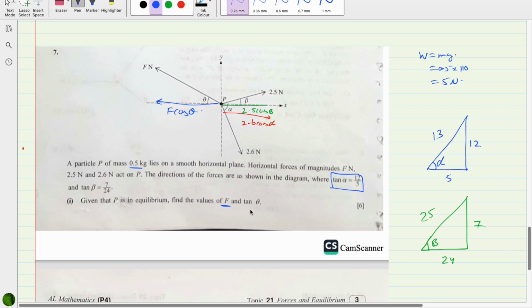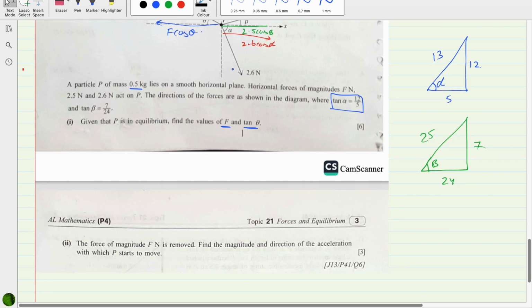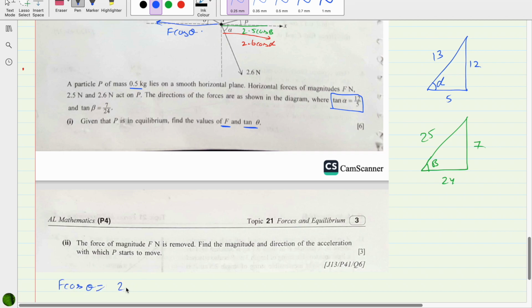Question says find F and tan theta. So this will give us one of the equations. I'm writing all the forces towards left are equal to all the forces towards right. So F cos theta is towards left and the other two are towards right: 2.5 cos of beta plus 2.6 cos of alpha.